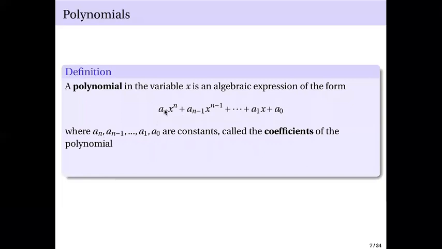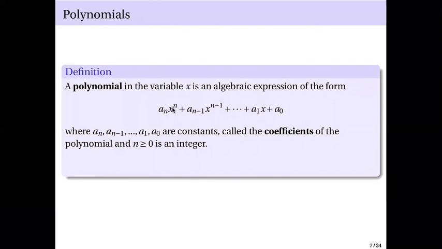This is a polynomial provided that the following conditions are satisfied. Here we have these constants, a_(n-1), a_1 until a_0. These are constants, and they are called coefficients of the polynomial. Okay? Now, the main condition for an expression to be a polynomial is that this exponent here must be an integer greater than or equal to 0.